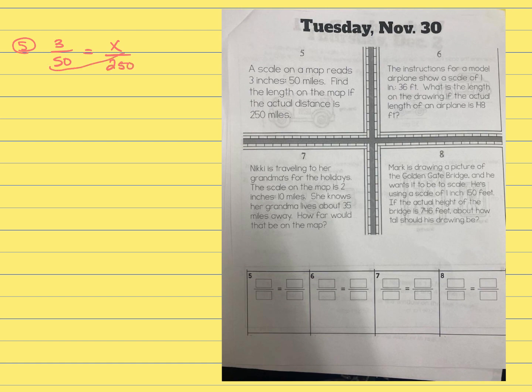And again, you just cross multiply. 50X is equal to 750. 750 divided by 50. X equals 15 miles. Oh, 15. I'm sorry, 15 inches.